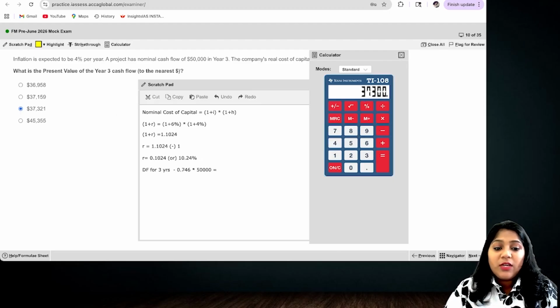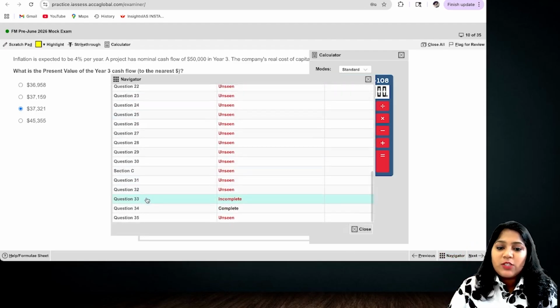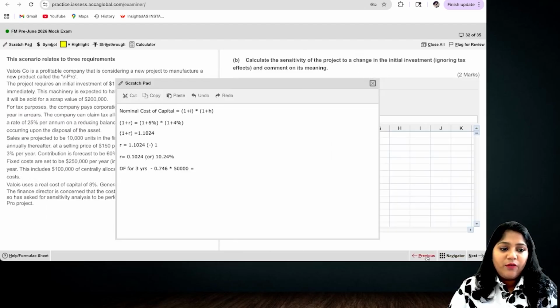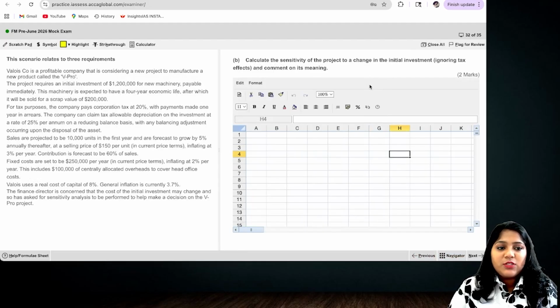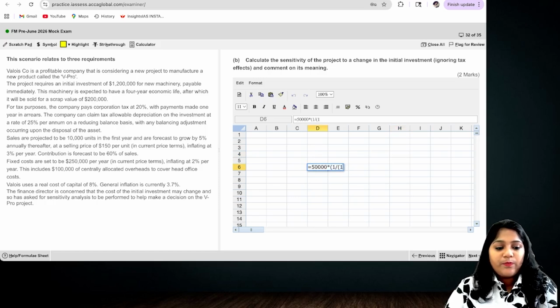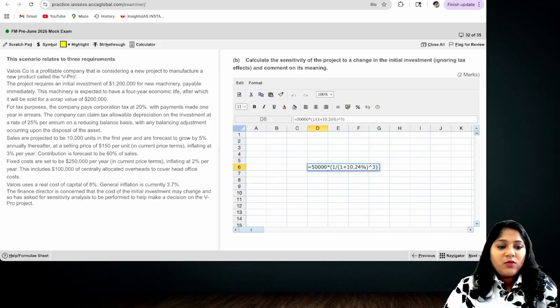Ma'am, I'm not getting the exact answer. Is it fine? It's fine, guys. It's totally fine. If you want the exact answer, go to the same question number 33 or 34 or whatever it is, and do this: equals 50,000 multiplied with 1 divided by 1 plus 10.24 percent raised to the power 3, close the bracket.